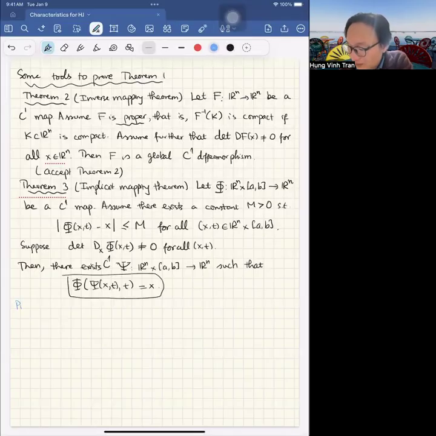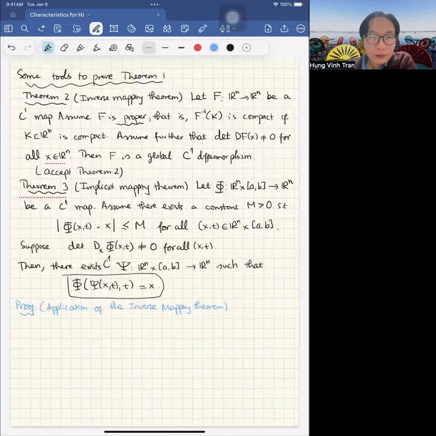The proof of this is a quick application of the inverse mapping theorem. Okay, so it's really a quick application of that.